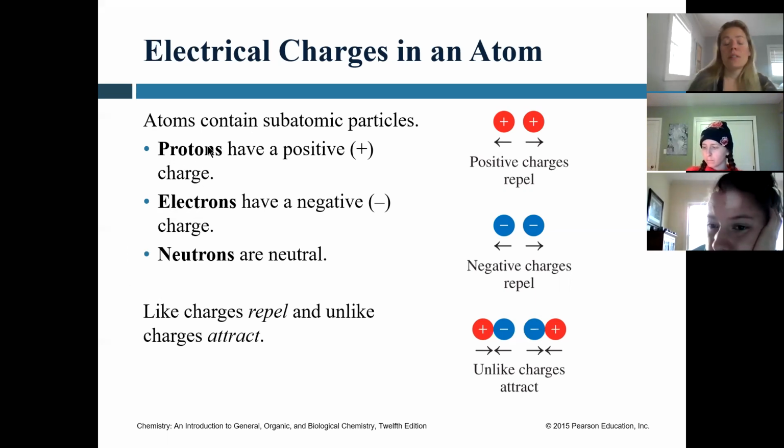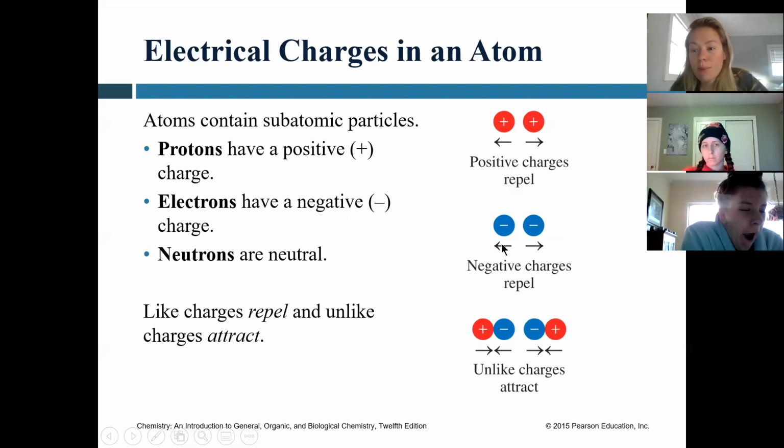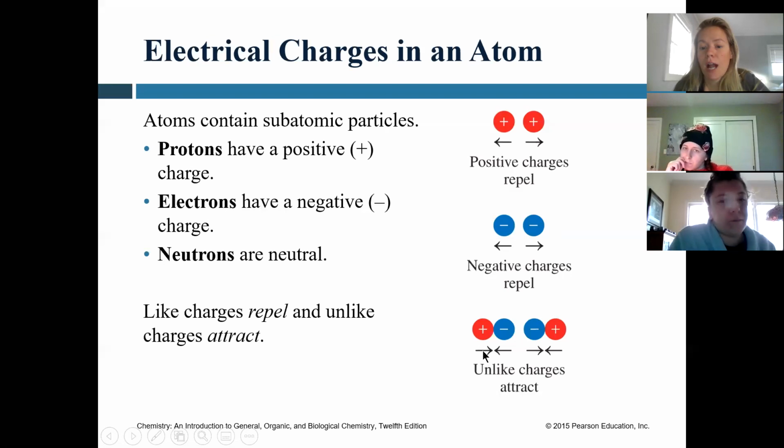So what are the properties of these subatomic particles? Protons, P for positive. So protons have a positive charge. Positive things repel each other. Electrons have a negative charge. Negative things repel each other. Likes repel, differences attract. So positive and negative like to stick together.